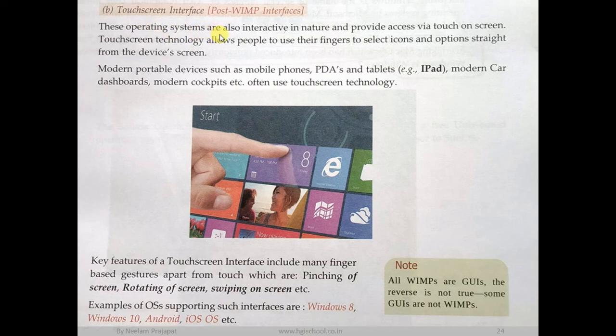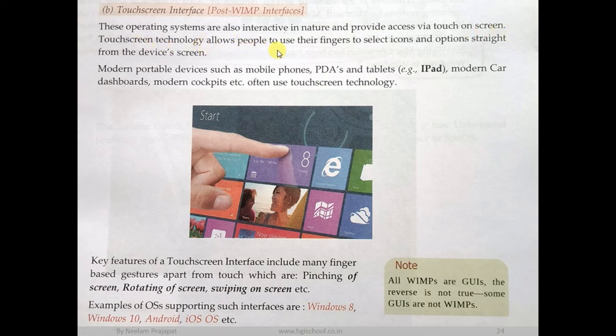So these operating systems are also interactive in nature, you know very well. We can easily use smartphones. Why? Because they are providing us the interface. They are showing us pictures, icons, menus, etc., so that we can simply touch and use them. They are interactive in nature and provide access via touch on the screen.